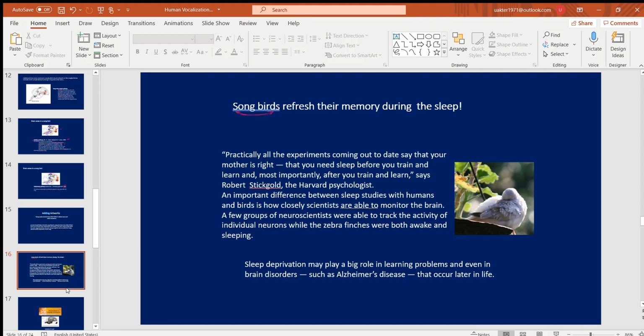How do they know that? They implanted electrodes in the brain, and they found that when the birds are completely in a sleeping stage, certain brain areas, some of those areas we discussed, those responsible for memory, get activated when they are sleeping.